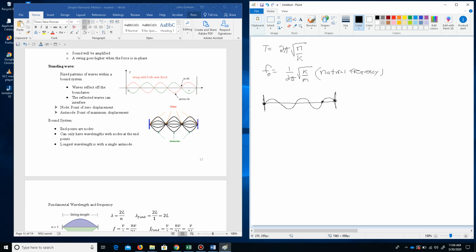So each of these is a node. That particle of the material did not move up or down. And then the max displacements are the antinodes. So these are antinodes, and these are nodes.